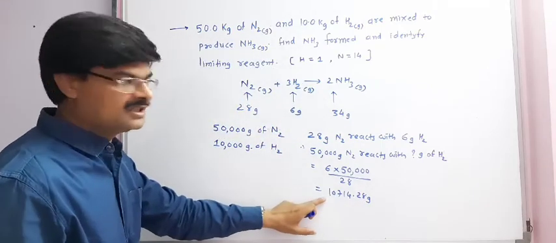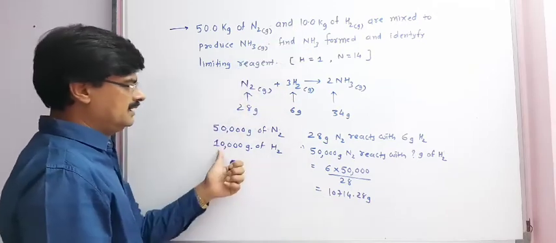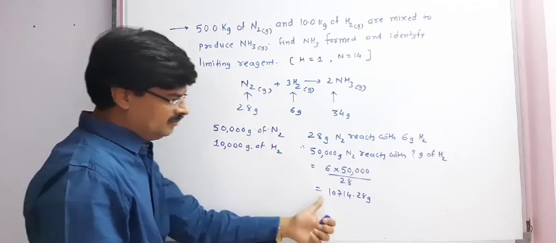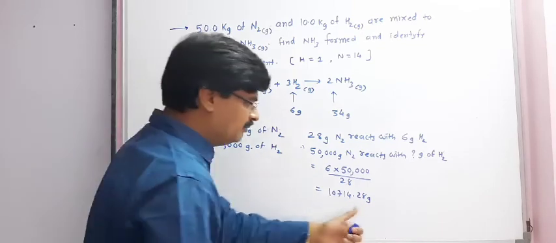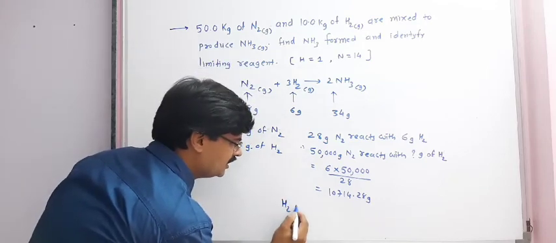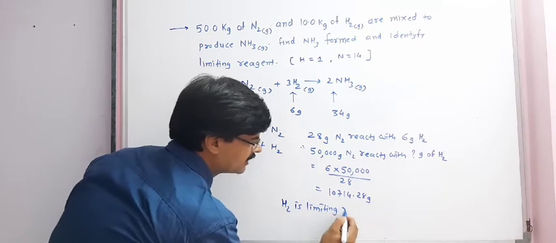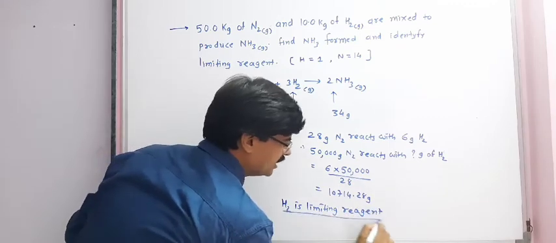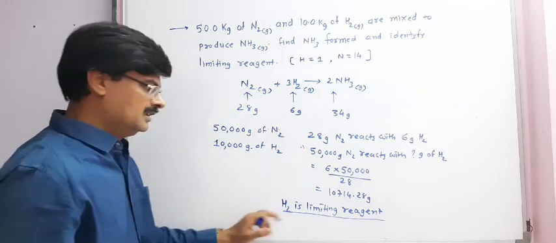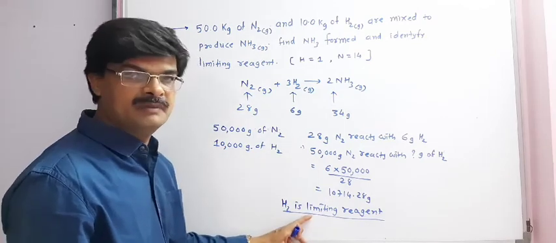From this calculation, we can say that as hydrogen is given 10,000 gram, but required is 10,714.28, means we can say hydrogen is limiting reagent. Hydrogen is limiting reagent. And the product formed in the chemical reaction is based on limiting reagent.